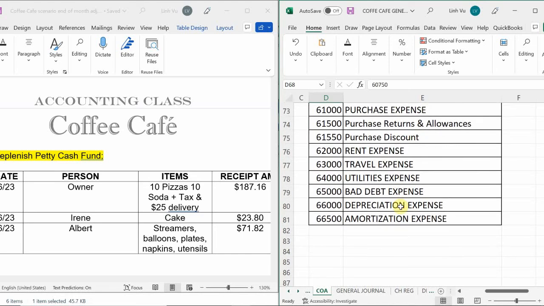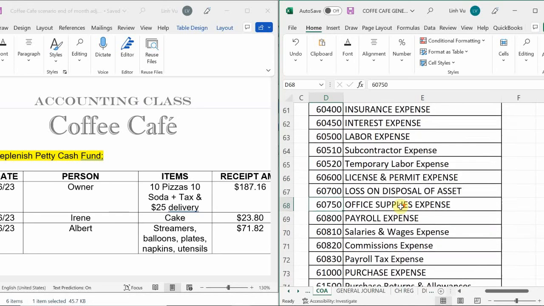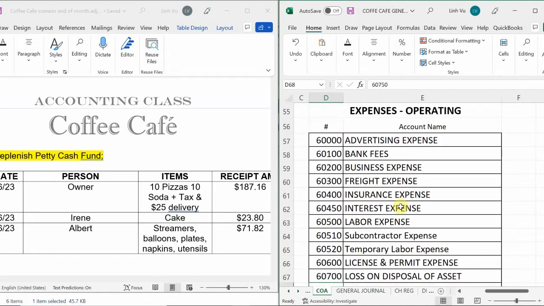Payroll, purchase, no. Rent, utilities, bad debt, depreciation, and amortization. So out of all of these, which one would most likely be it? We can have it as a business expense. Yes, because it's a party. They decided to throw a party and spend money for the business, so they said, let's just call it a business expense. Because they don't have an account for meals or for party supplies.